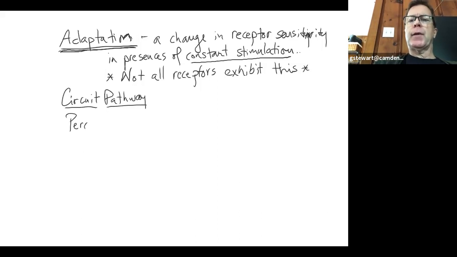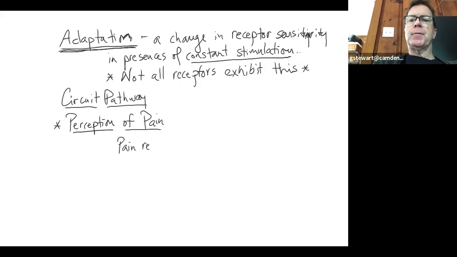It's way too complicated to talk about all the types of perception that we have in the brain. What I want you to focus on for our last bit is the perception of pain, because it's so common and it's what many students are curious about. So I'm going to talk about perception of pain really quickly.